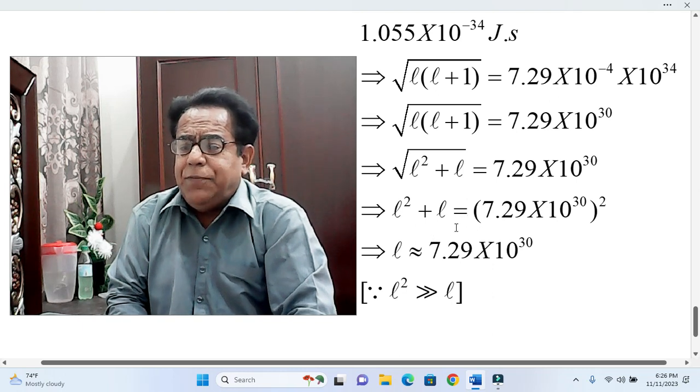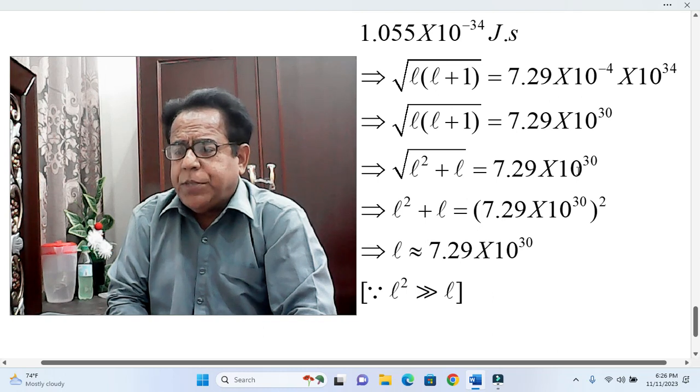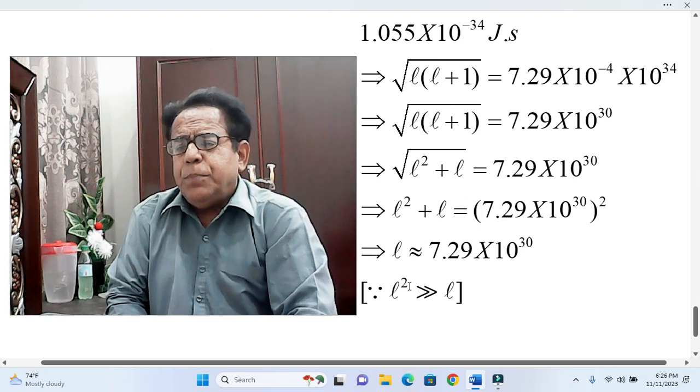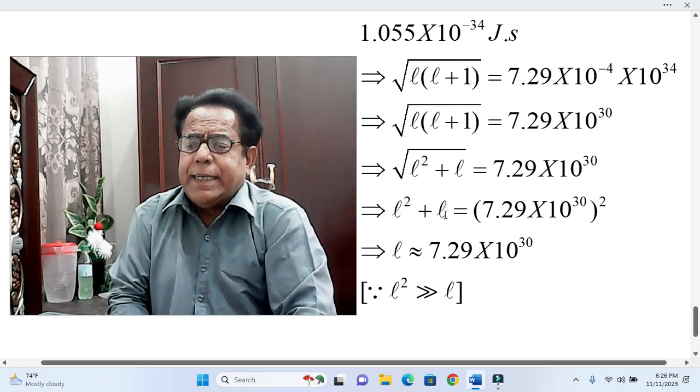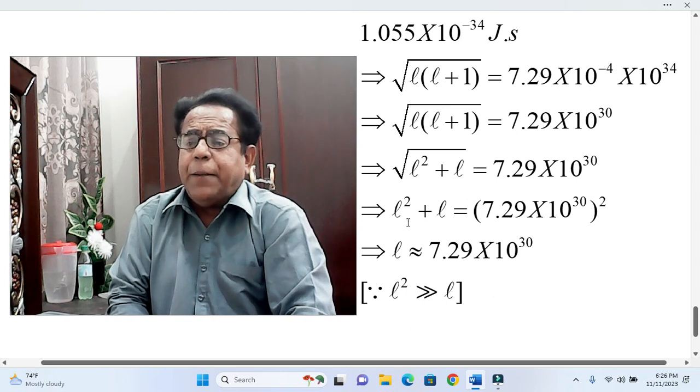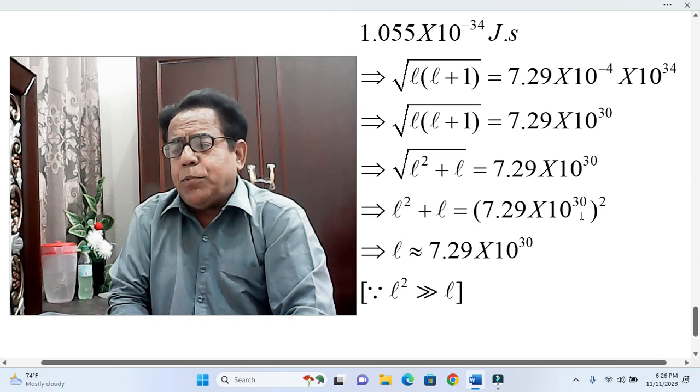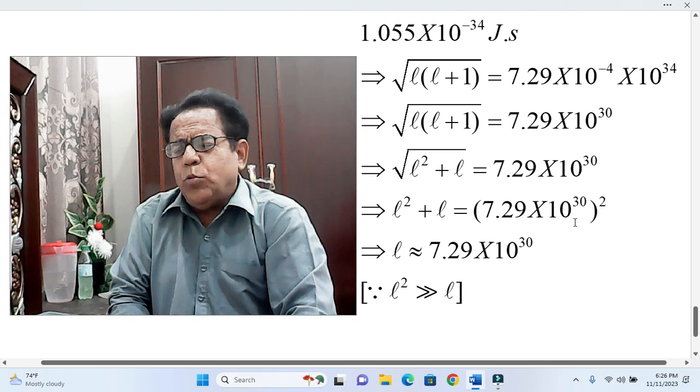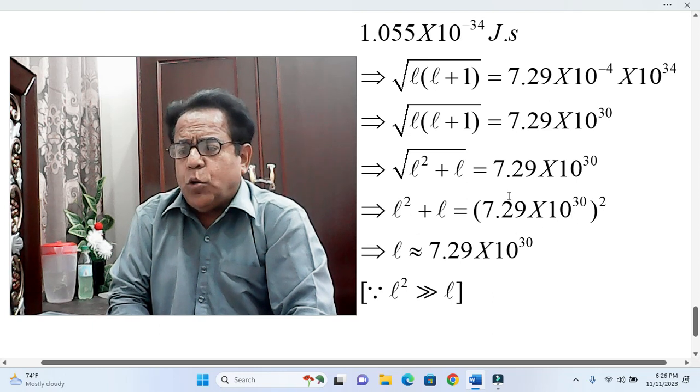Since l square is very much greater than l, we are neglecting single l, and l square has become equal to this square. So taking under root on both sides, l will become equal to this value.